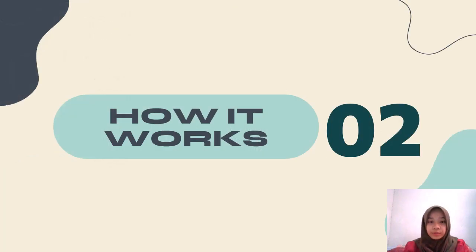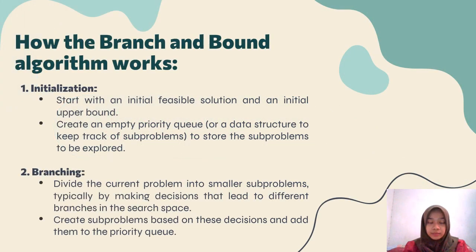And the second view moves to how it works. Here is how the branch and bound algorithm works. First, initialization. Start with an initial feasible solution and an initial upper bound, and create an empty priority queue, or a data structure to keep track of subproblems, to store the subproblems to be explored.